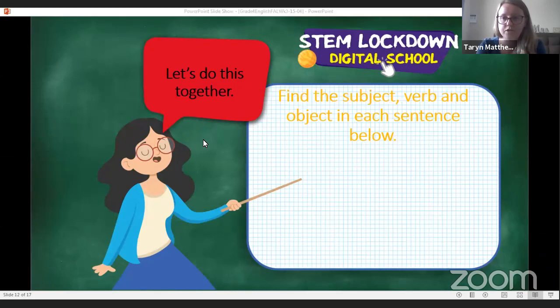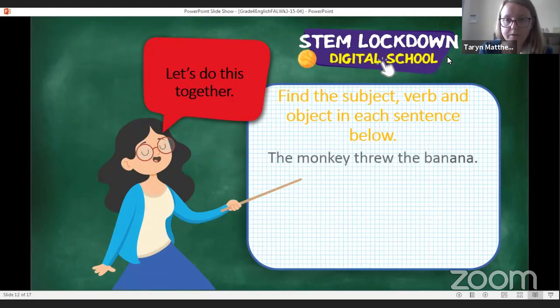So now what I want you to do on your piece of paper, you're going to copy the sentences down. And like I did on the previous slide, you're going to use the box for the subject. You're going to underline the verb and you're going to circle the object, because I want you to practice.